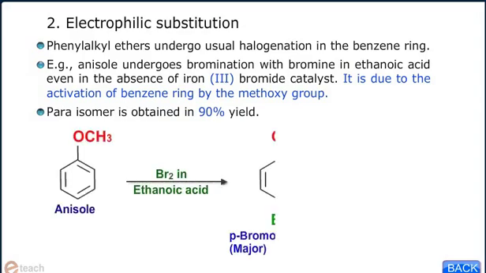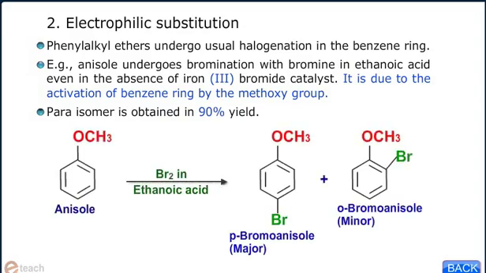Consider the reaction: C6H5OCH3, that is anisole, in the presence of Br2 in ethanoic acid gives para-bromoanisole, which is the major product, and ortho-bromoanisole, which is the minor product.